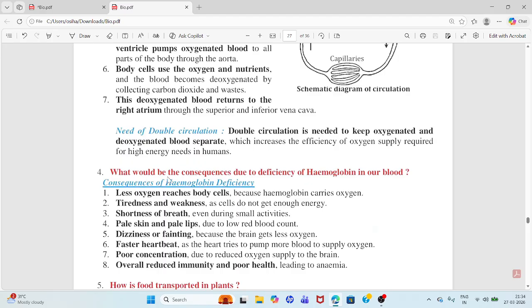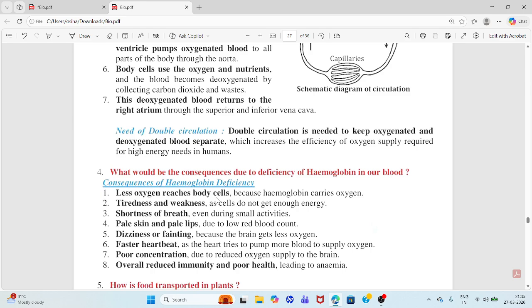Fourth question. What would be the consequences due to deficiency of hemoglobin in our body? We are going to learn this now.